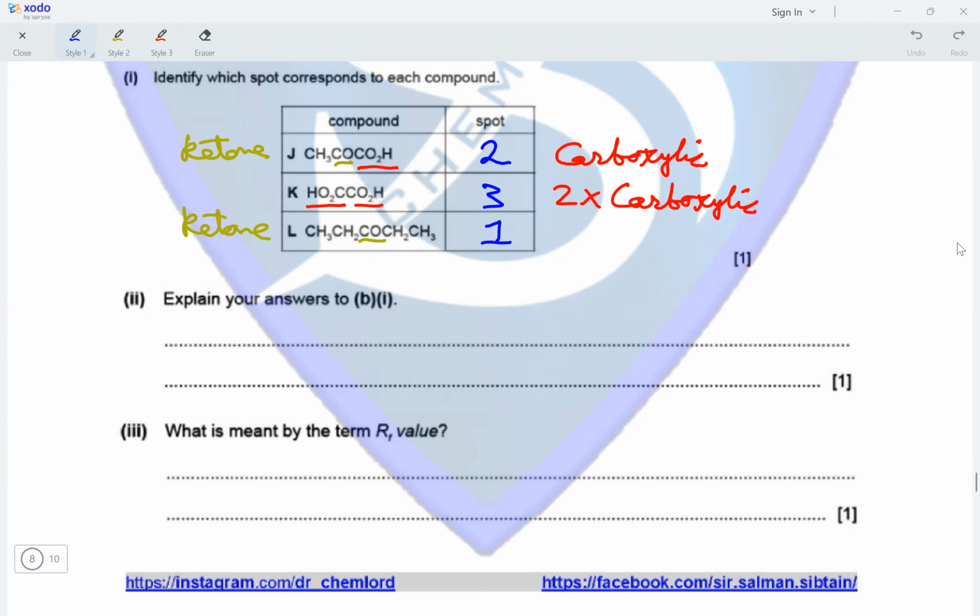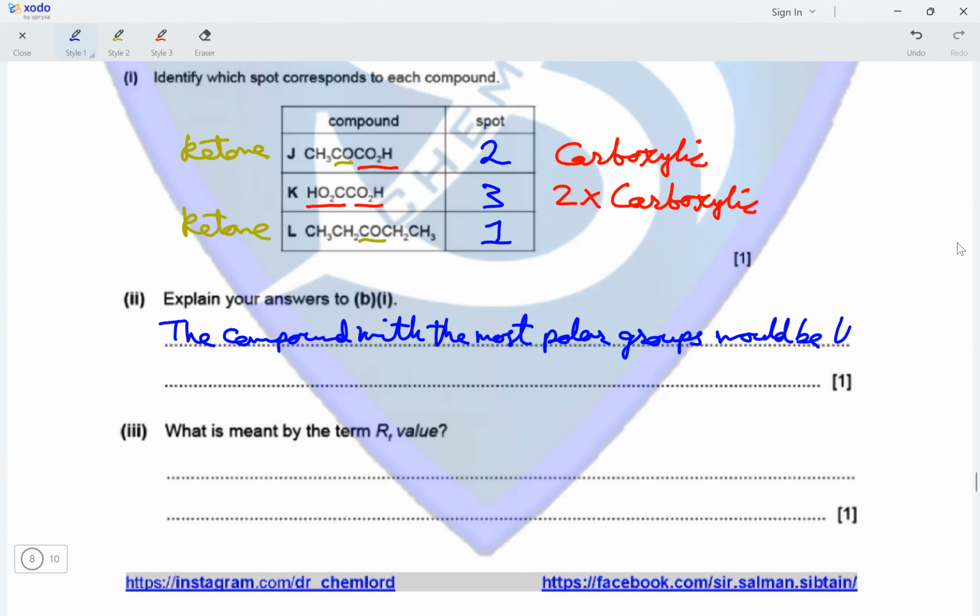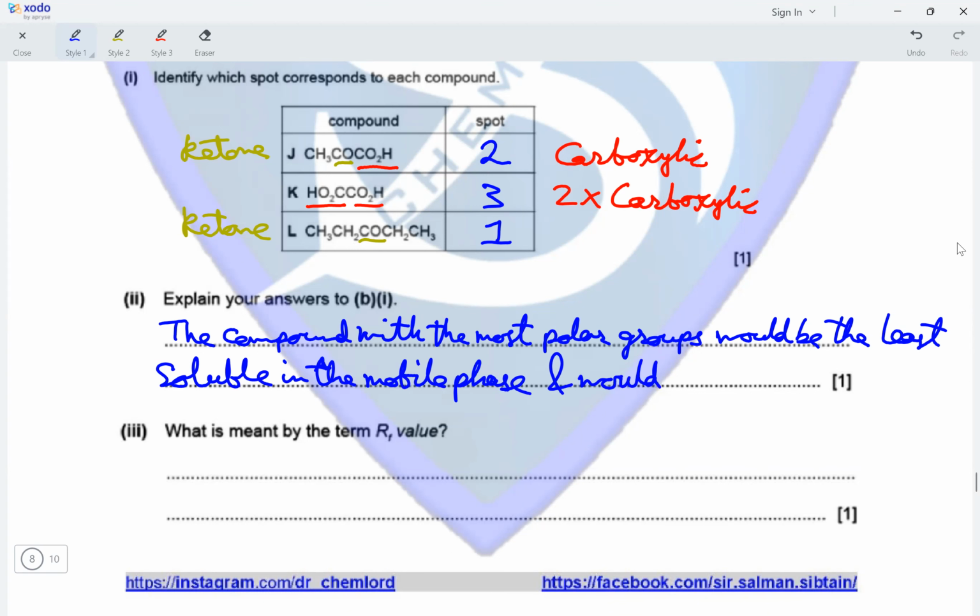So we would write: the compound with the most polar groups would be the least soluble in the mobile phase and would travel the least distance.